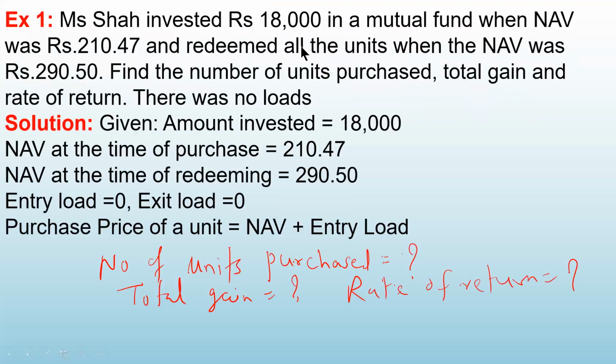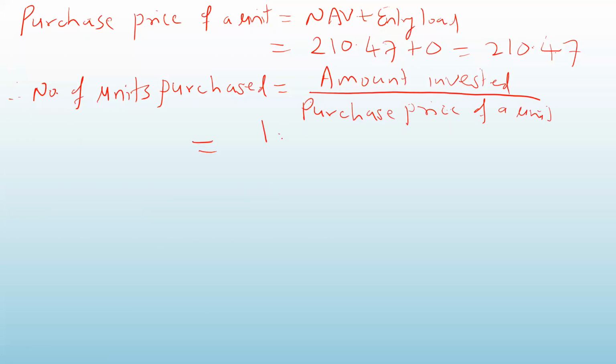It is given to you, 18,000. And what is the purchase price? Just now we have got it, it is same as NAV, 210.47. So how much will you get? 18,000 divided by 210.47. How much is it?